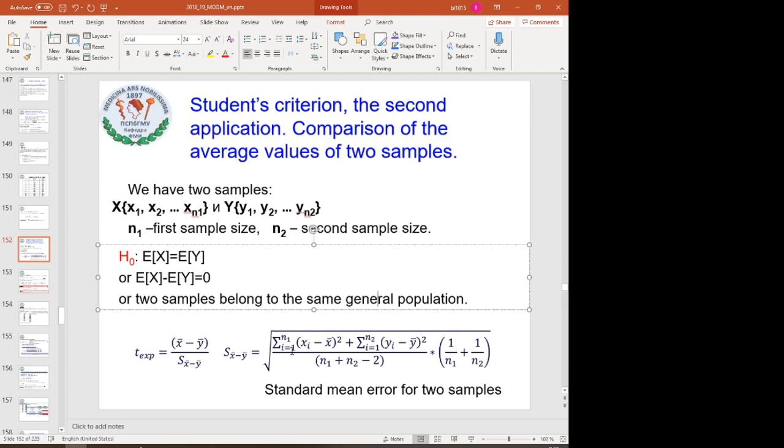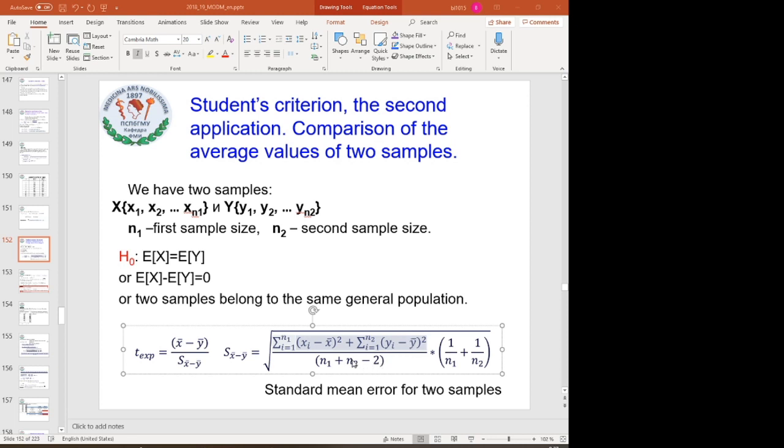If you look carefully at this standard error, you will find lots of analogies. We have the same denominator as in the standard mean error for one sample, but for the first sample and for the second sample, and just the same formula.